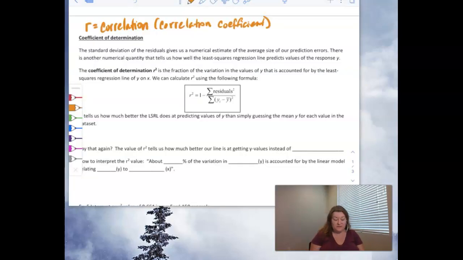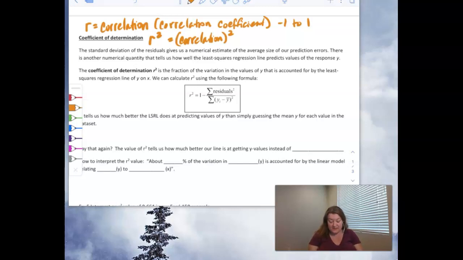Remember that was the one that went from -1 to +1, the stronger it is, and you can say whether it's uphill or downhill. For real, R squared is equal to the correlation number squared. It really is related mathematically that way.